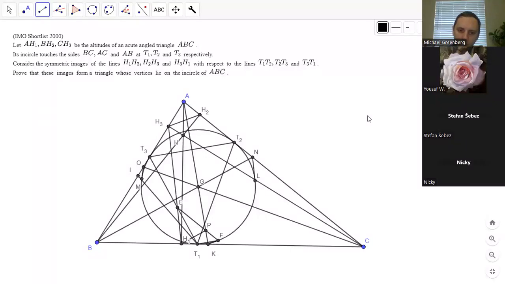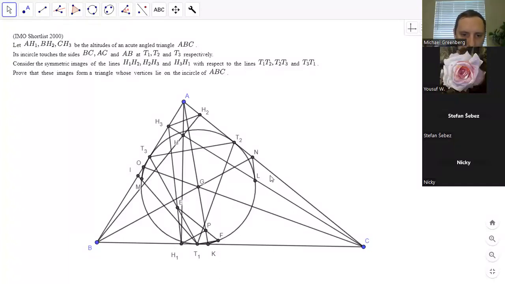I wonder, is H1EP similar to K T2 T3? It's just a guess. I don't know if that's true. H1P would be perpendicular to T1, T3 in that case, so it would be parallel to BN.